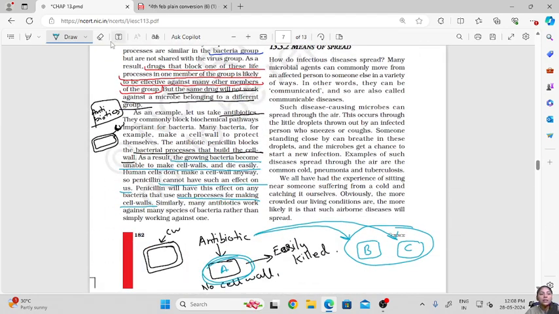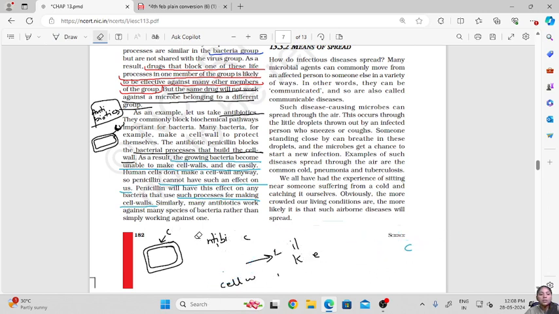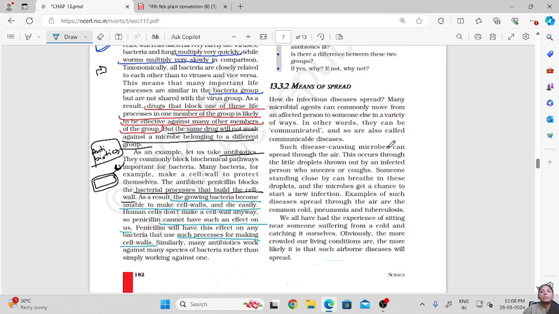So let us see the means of spread of this disease. How do these infectious diseases spread? Now we have already seen this.